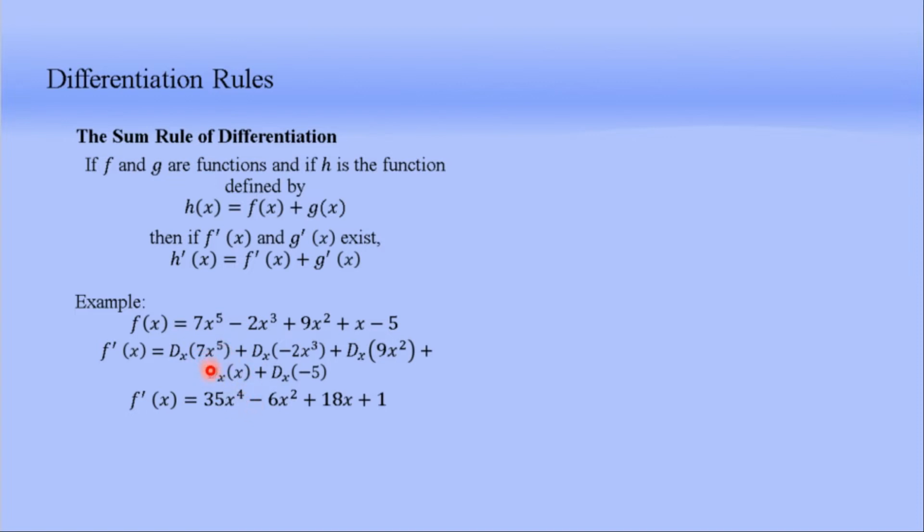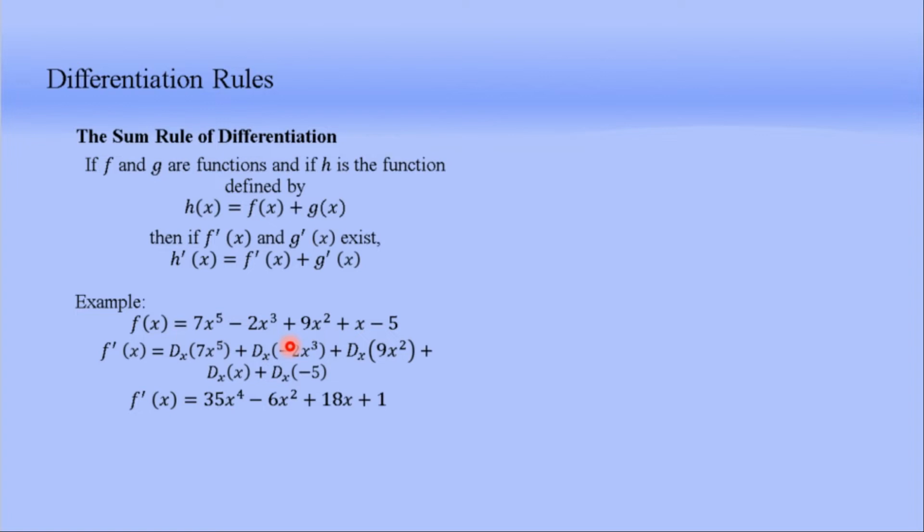So the derivative of 7x raised to the fifth power is 35x raised to the fourth power. Again, the rule we utilized for this specific term is the constant multiple rule of differentiation as well as the power rule for positive integers.